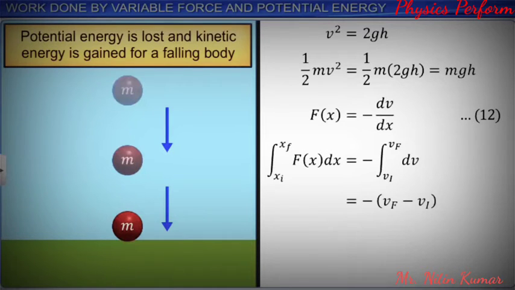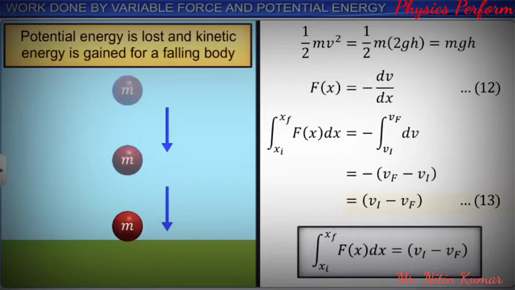On further simplification, we can arrive at the conclusion as shown in equation 13. The integral of F(x) dx within the limits xi and xf is equal to Vi - Vf.